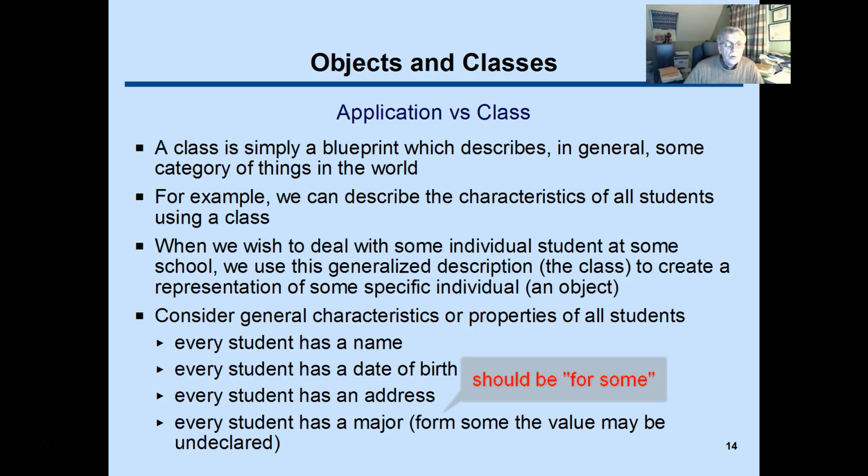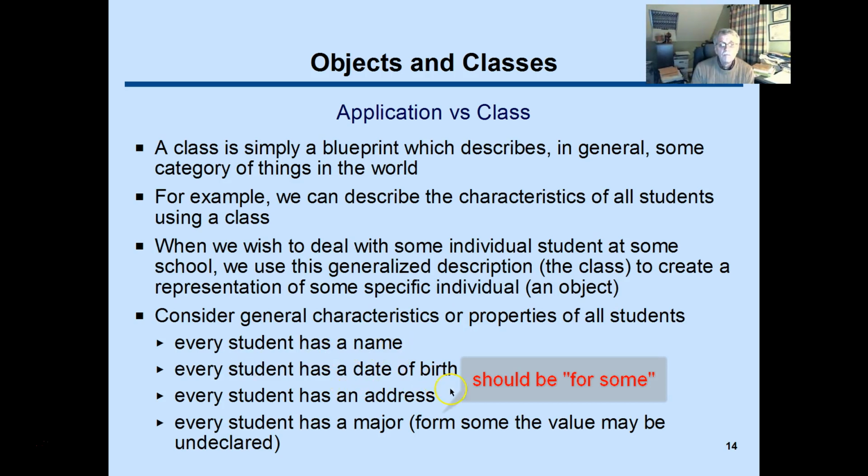So what we're going to do is define our own classes and recognize that as we do that, the class is a generalized description of something. And an object will be one specific instance or individual occurrence of whatever that something is. So if we talk about a student at some school, some college, some university, some high school, wherever, every student has a name.